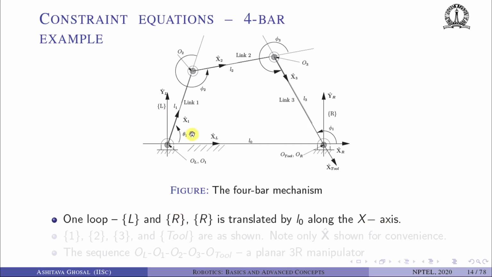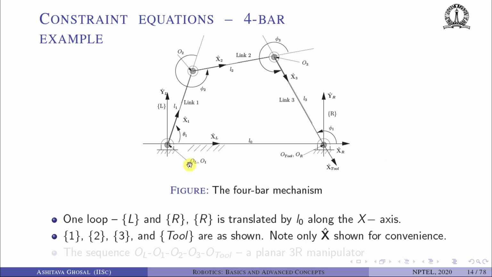As I said, we will look at this 4-bar mechanism many times. So let's see what the possible constraint equations are for the 4-bar example. The 4-bar has link 1, link 2, link 3, and then this fixed link. We have one loop, which is L, then R, it goes through this loop, and we can go from L to R along this translation along the x-axis.